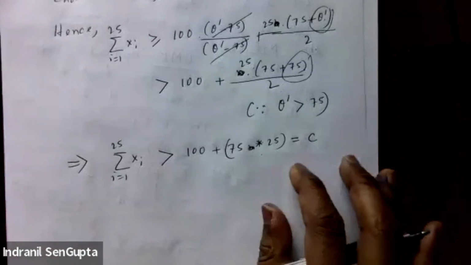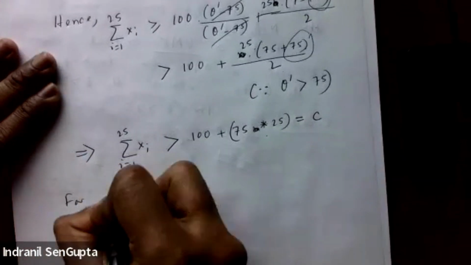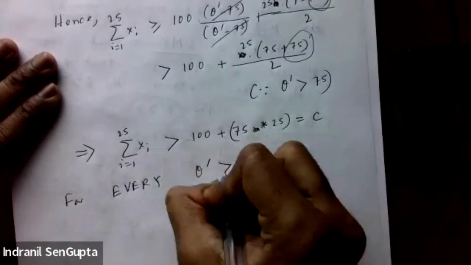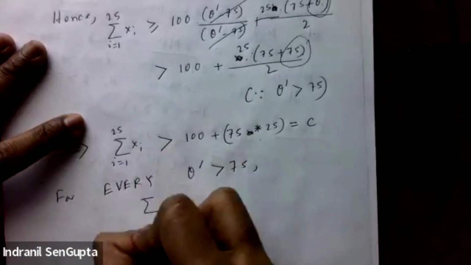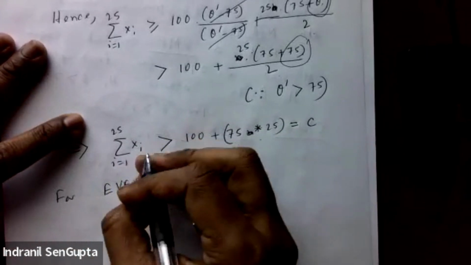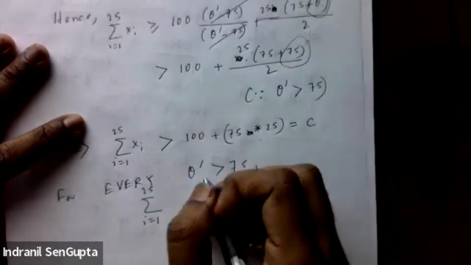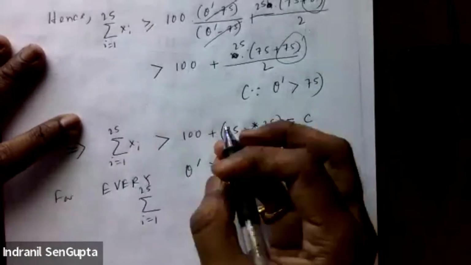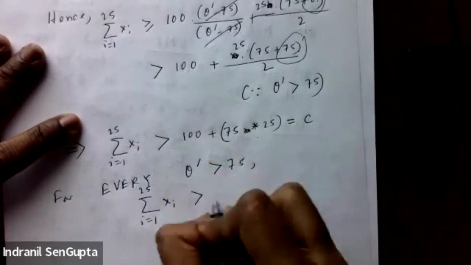Okay. So hence, we find that for every theta prime bigger than 75, for this particular sample, summation xi, i from 1 to 25, is bigger than c.